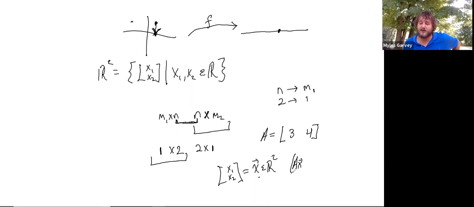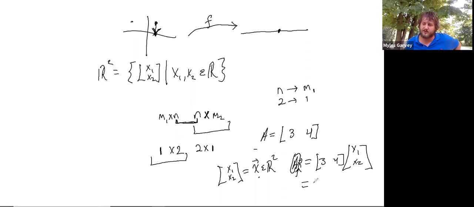So A is effectively acting as a function, bringing down points in 2-dimensional space to points in 1-dimensional space. Why is that? Do the multiplication. We have 3, 4 multiplied by x1, x2. We recognize this as a dot product, and so this is the same as 3x1 plus 4x2.